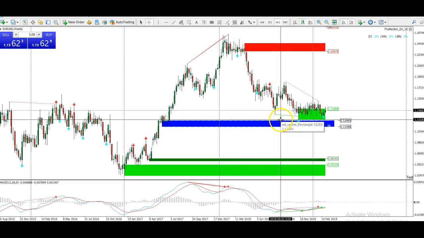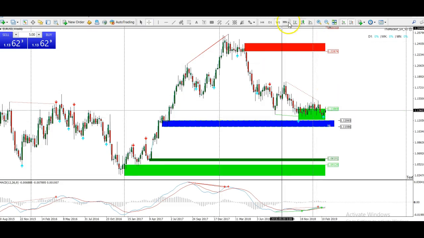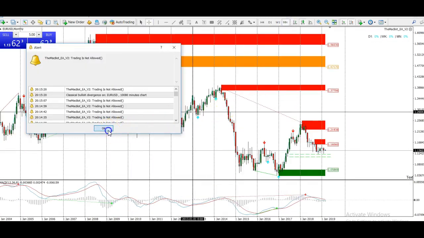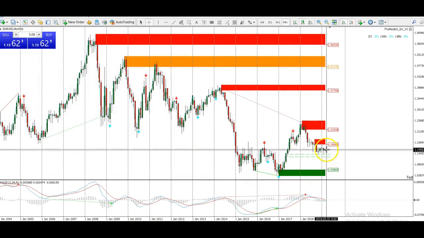Okay, you can see around 112 here, so it's just ranging at the minute. The way this is setting up, this could start plummeting down to reach this last target down here.